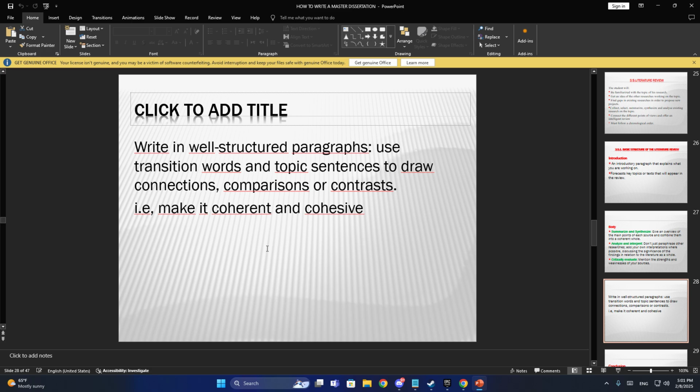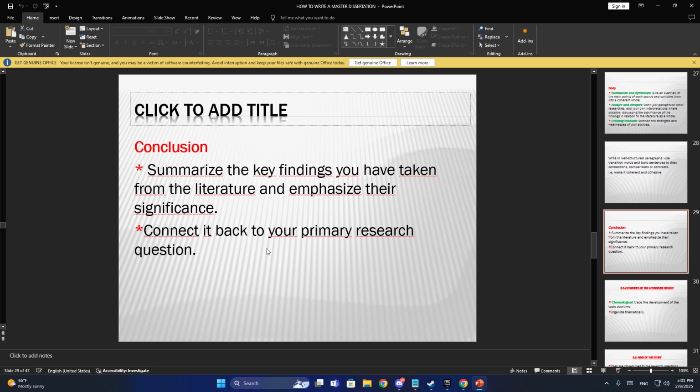Of course, the literature review should be written in well-structured paragraphs. Use transition words and topic sentences to draw connections, comparisons or contrasts, and of course make it coherent and cohesive. Finally, the conclusion: just summarize the key findings you have taken from the literature and emphasize their significance.